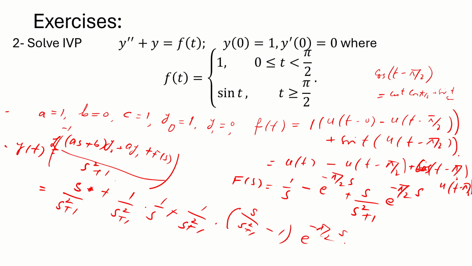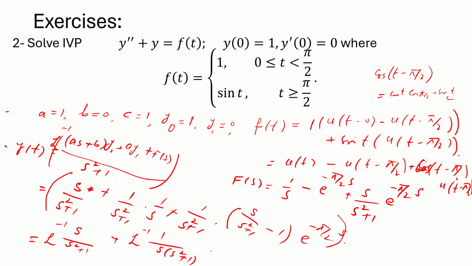Or you can just write that separately as well, because it will make things a bit less difficult. So altogether we'll be having Laplace inverse of s over s square plus 1, Laplace inverse of 1 over s into s square plus 1.